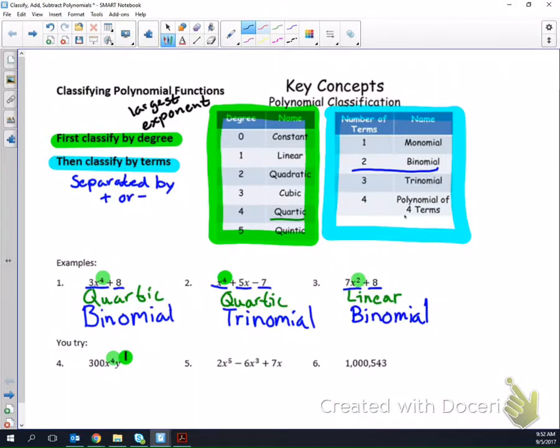So that should be y to the power of 1. So altogether, that's 5. So this needs to be quintic. It is a degree 5 polynomial. Like I said, there's no pluses or minuses, so we only have one term. So this is a monomial.